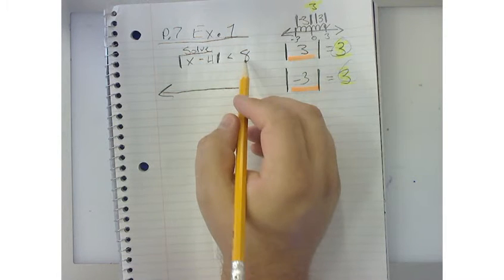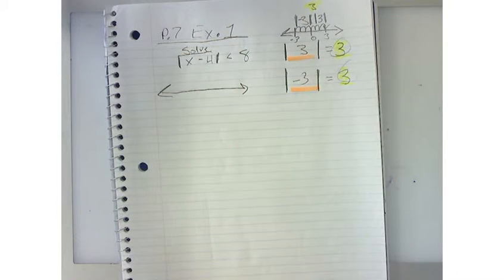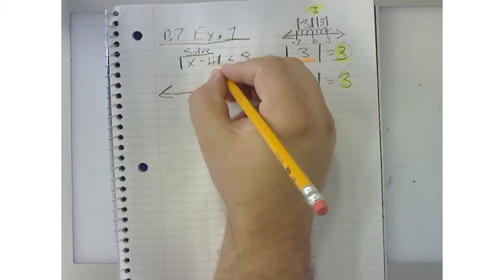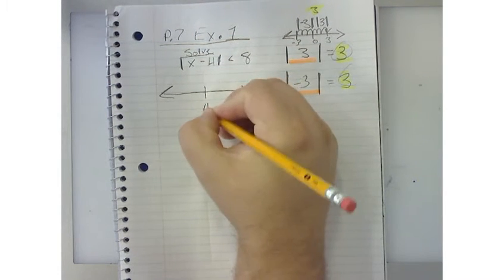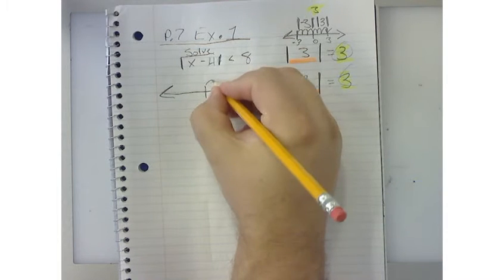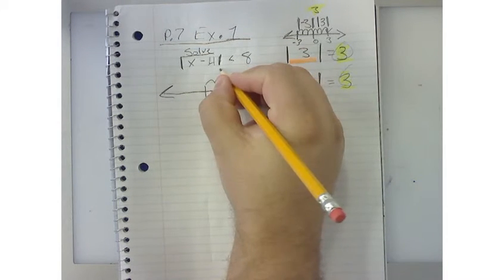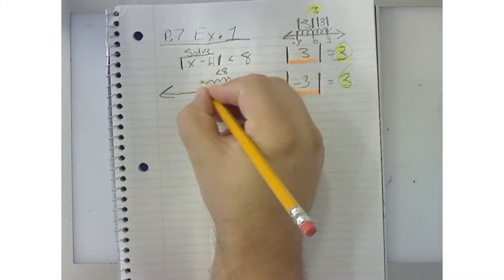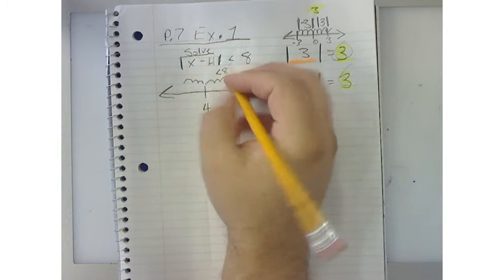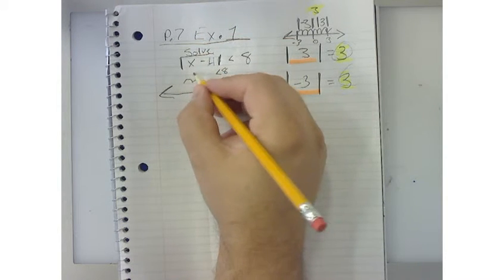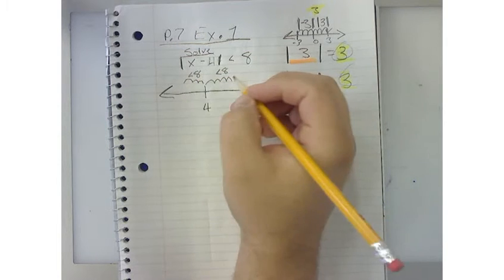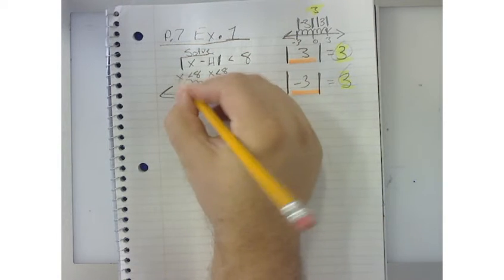Does that make sense? Where our middle number is actually +4. So when you have it written like this, we're really considering moving from 4, but I don't want to go any more than 8. This has to be less than 8. And if I go this way, it has to be less than 8.